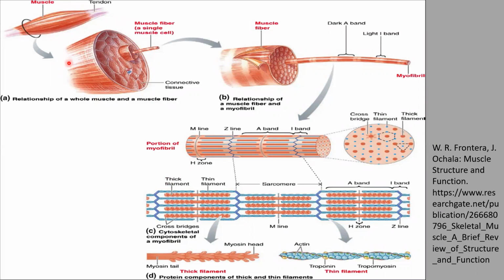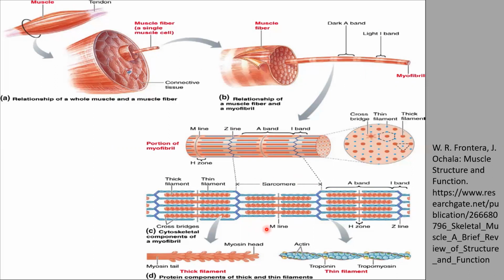So, summary: we talked about the muscle. It has 3 layers, and the perimysium contains many muscle fibers, and each muscle fiber is surrounded by the endomysium. The muscle fiber has a plasma membrane called the sarcolemma that surrounds it, and the muscle fiber has many myofibrils. The myofibril contains the A band and I band, the functional unit of the muscle fiber. It is the sarcomere, from one Z line to another Z line.